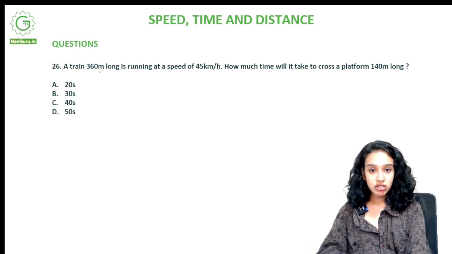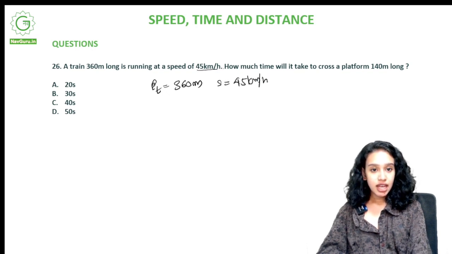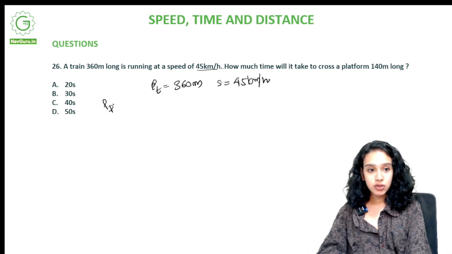So let's calculate. We have the length of the train to be 360 meters, right? Now we have the speed here, which is 45 km per hour, and we have the length of the platform to be 140 meters. So the answer is in seconds.